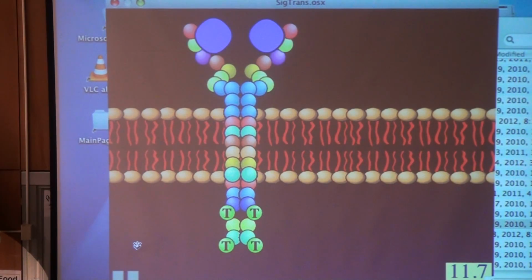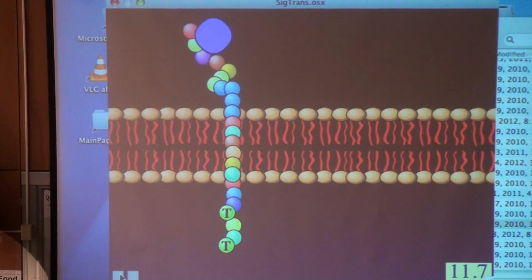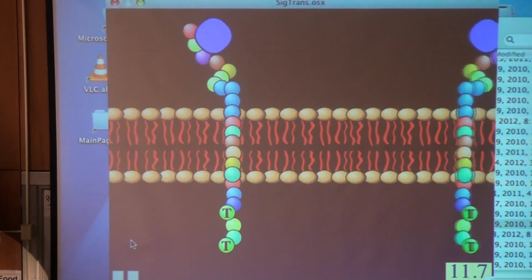And when that happens, when the two tyrosine kinase receptors that have bound their ligand, their signal molecule, have dimerized, then that effectively forms the active site of an enzyme. So when there was just one, before they had dimerized, there was no enzymatic activity of the intracellular domain because there wasn't really an active site there. But when they click together, then an active site is formed.